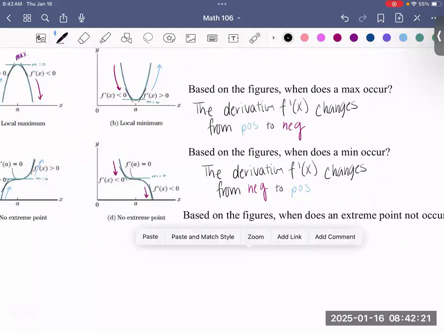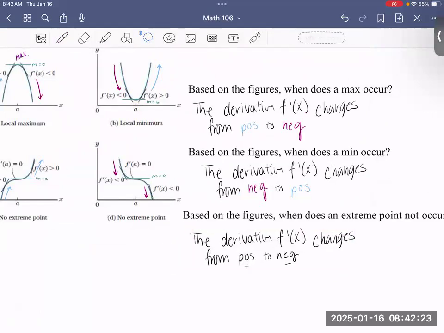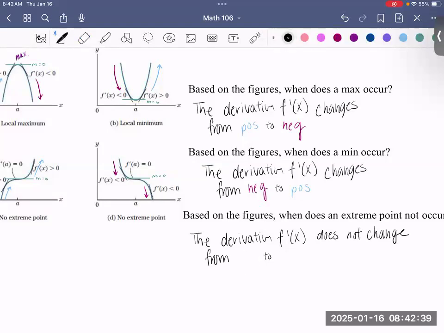So we could say when the first derivative does not change. So instead, maybe it goes from a positive to, again, a positive, or from a negative to a negative.